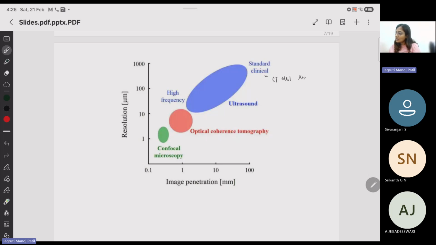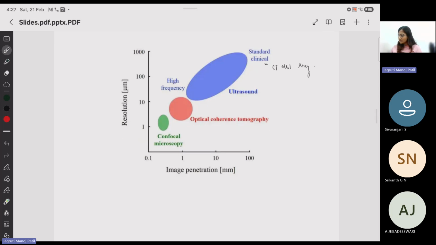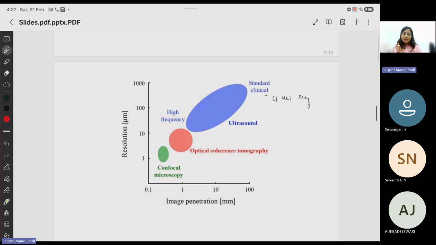X-ray does not go into these regions because getting the sensitivity of an X-ray image is not as sure, since you do not have an exact area with a natural focus where X-rays will converge. How X-rays work we'll see after some time, but those are beams which are very divergent. Divergent beams do not give you much higher resolution, and the resolution cell there is on much higher scales with respect to your other imaging modalities.